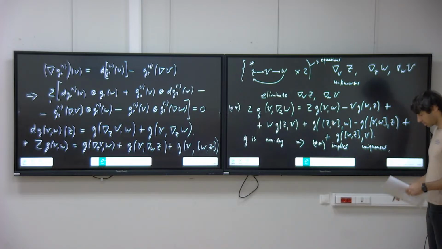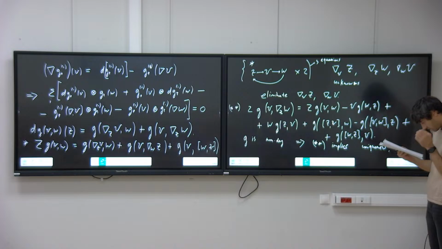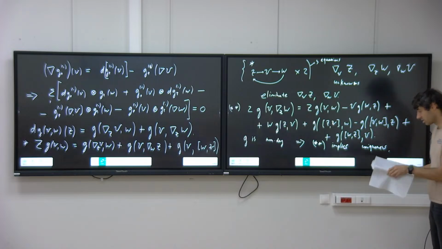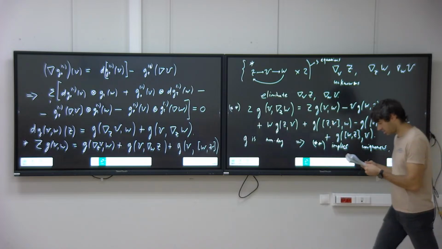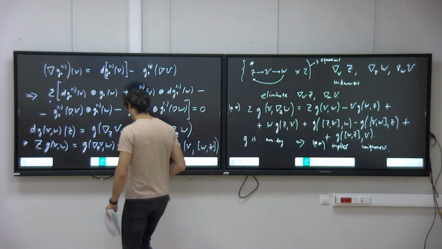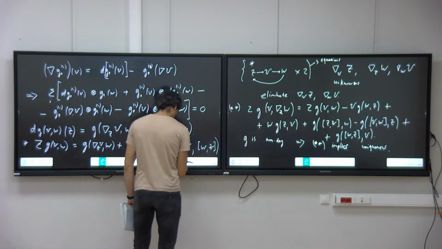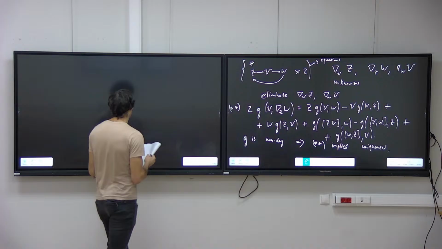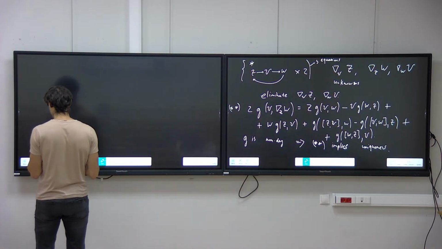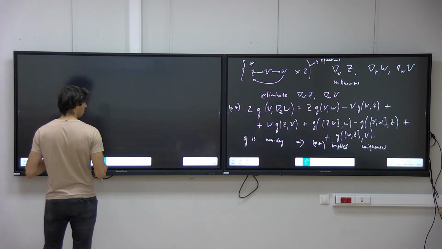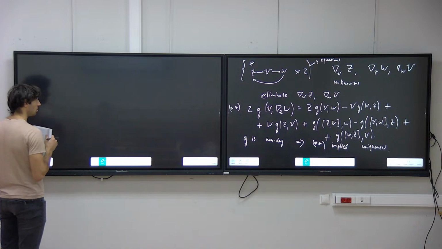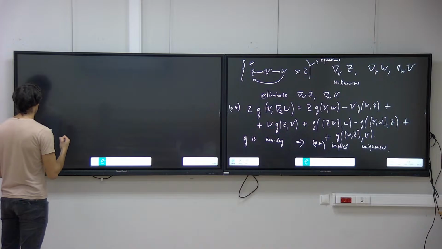Okay, so let's assume that we proved the proposition. Now let me recall the exponential map, because the next theorem will actually involve the exponential map.